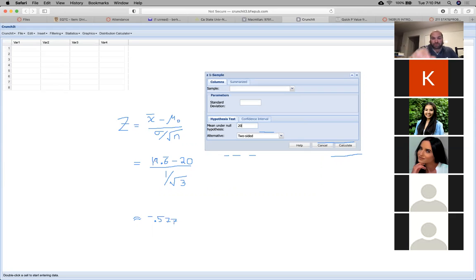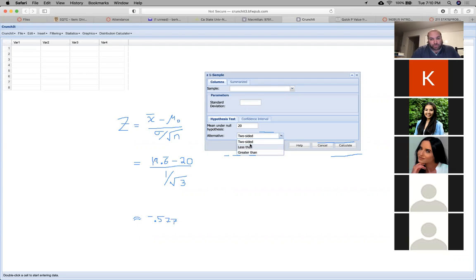That's my assumption. Is it one-sided, and if it is, greater than or less than, or is this a two-sided hypothesis test? Do we care about specifically less than 20, specifically greater than 20, or are we concerned with just not being equal to 20? It's two-sided, so not being equal to 20.